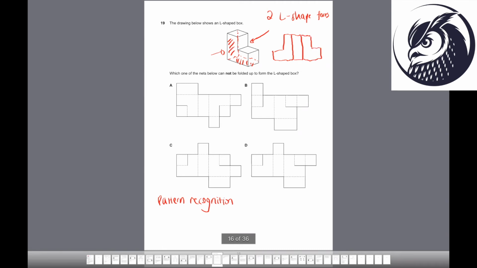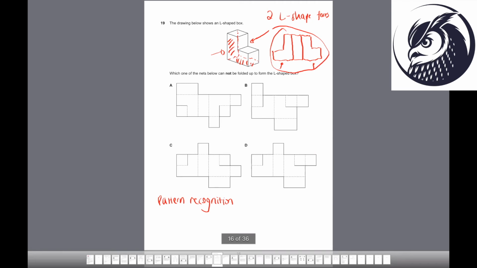And then when you fold these two L shapes upwards, it's going to start forming the diagram that we see there. All right, so now we should look for this sort of pattern in the actual answer options, because that's what's required to form the actual L-shaped box.